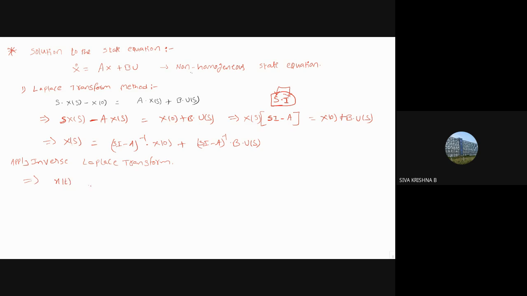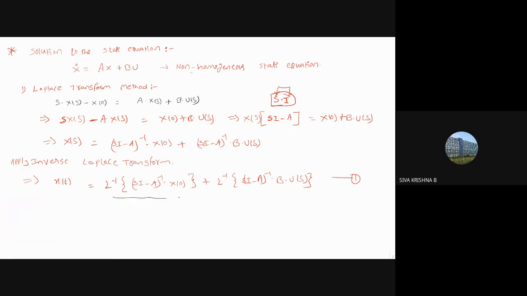X of t equals L inverse of (sI minus A) whole inverse into x of 0 plus L inverse of (sI minus A) whole inverse into B into U of s. So assume this is equation 1. This is the solution using the Laplace transform.